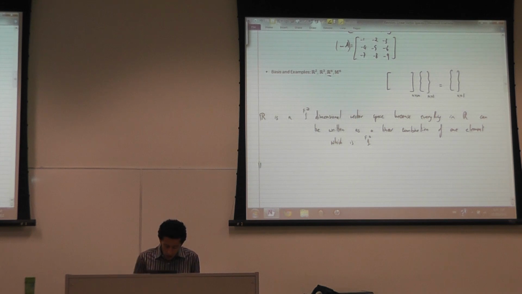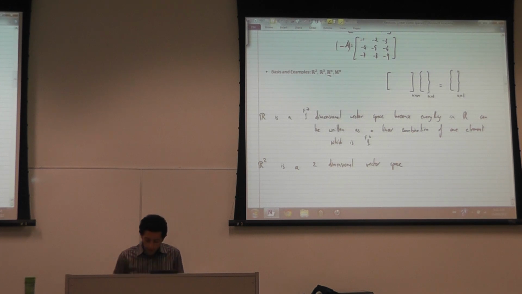R2 is a 2-dimensional vector space because everything in R2 can be written as a linear combination of two elements.